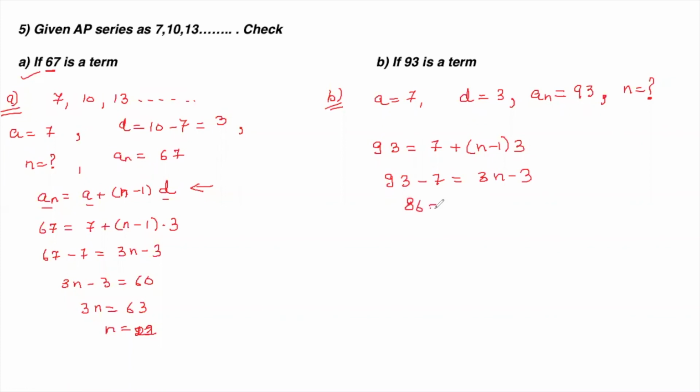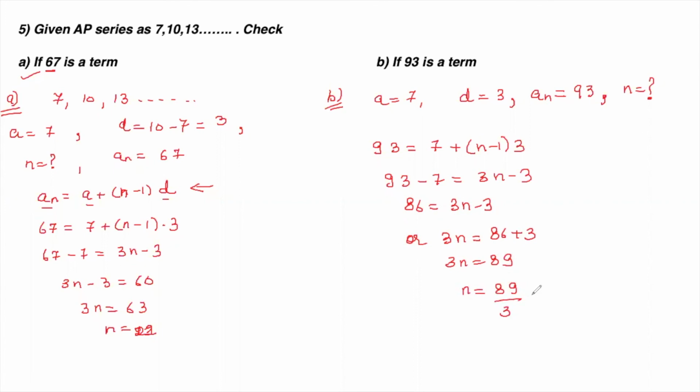So 86 = 3n - 3, or 3n = 86 + 3. 3n = 89, so n = 89/3.